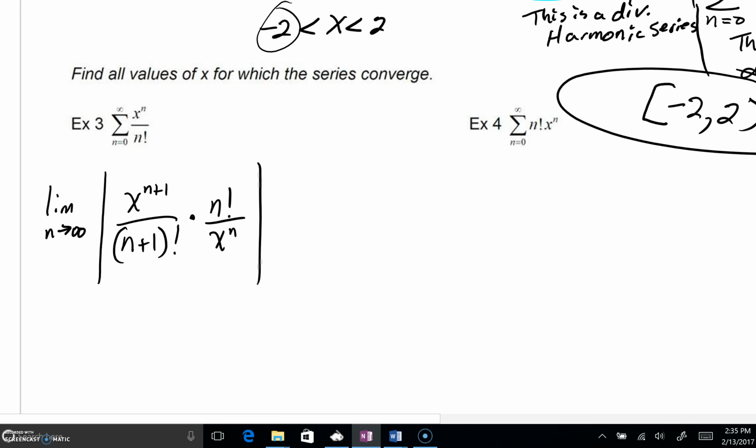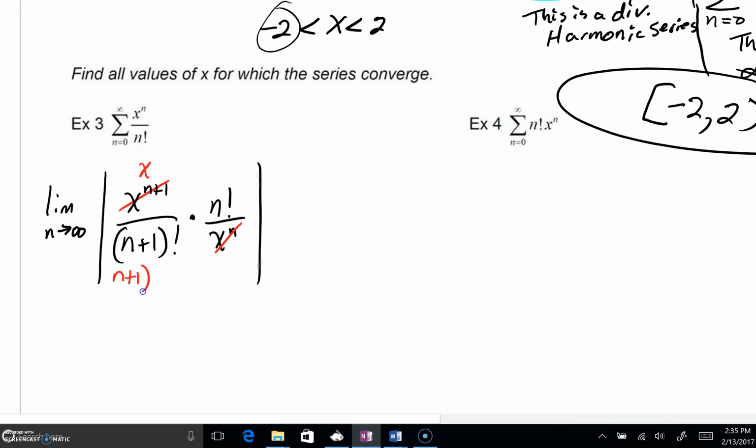So we have this, and this is so much easier. We can say x to the n and x to the n plus 1. That leaves us with one more factor of x up on top. And hopefully you remember how to cancel out down below this n plus 1 factorial.